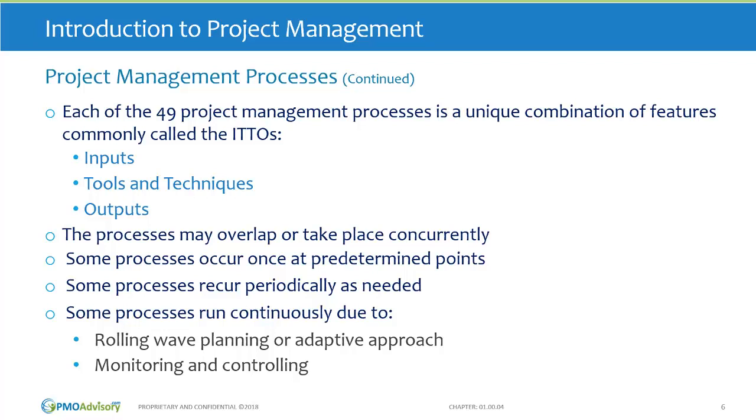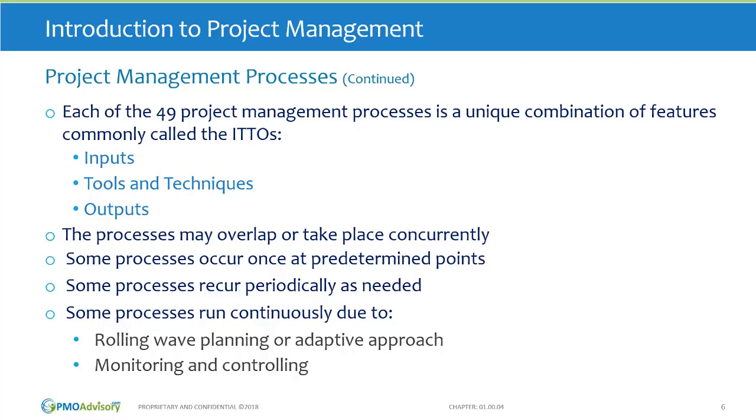The processes may take place sequentially or overlap or happen simultaneously. Some of the processes occur only once or at specific predetermined times. Other processes recur periodically as needed, and some processes basically run continuously.